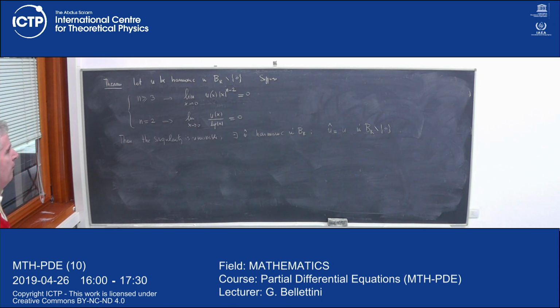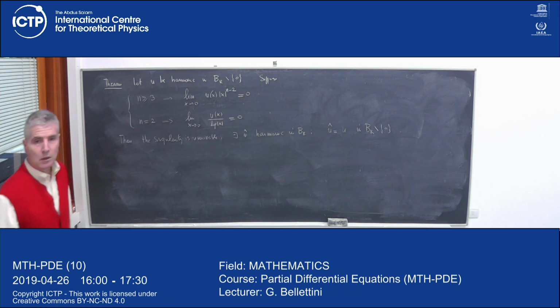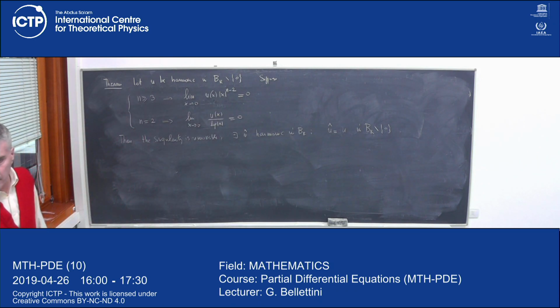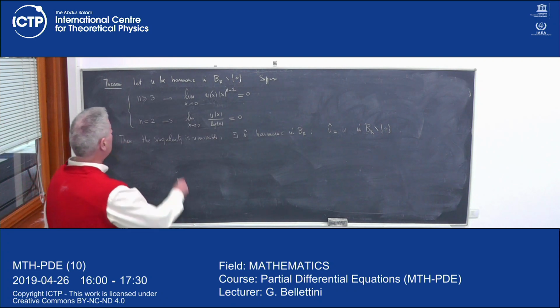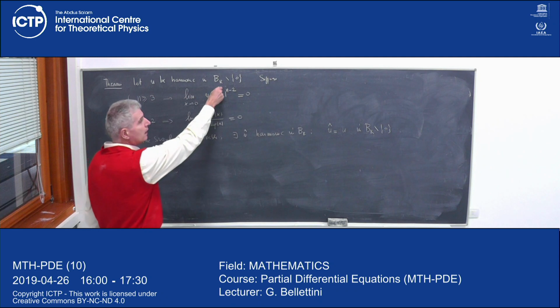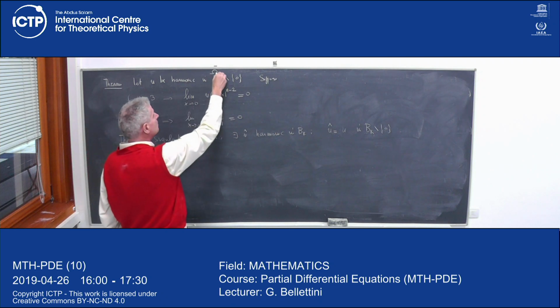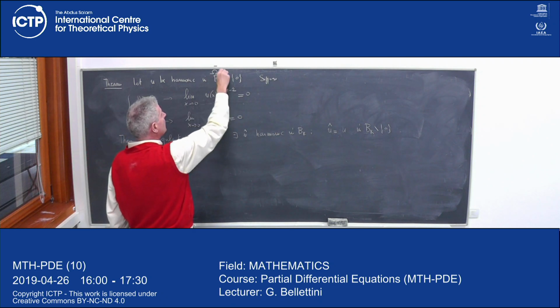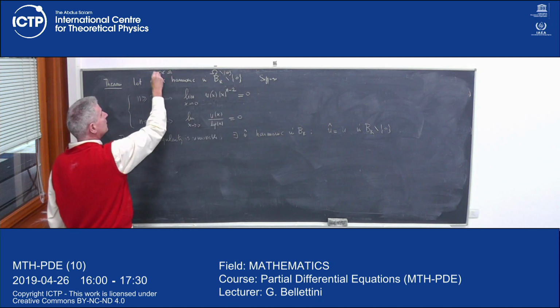Usually, the fact that the domain is a ball is not important. We could write an apparently more general result, but it's the same. So we could take u harmonic in omega minus 0, and suppose that 0 belongs to omega.